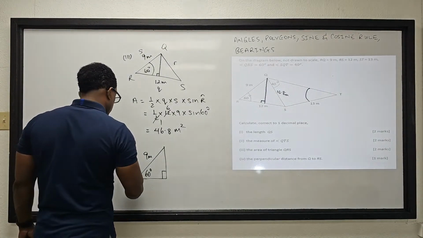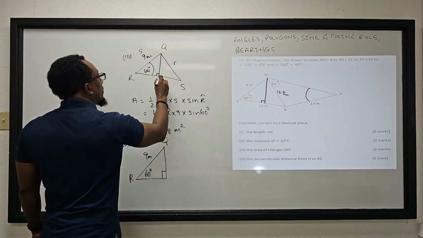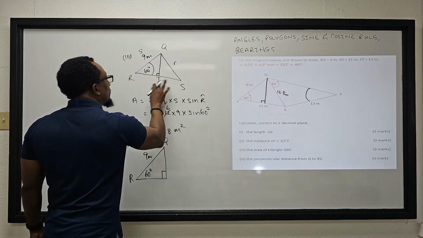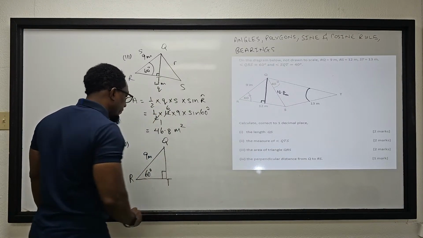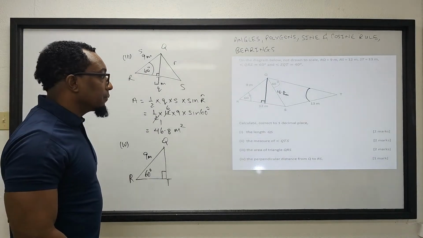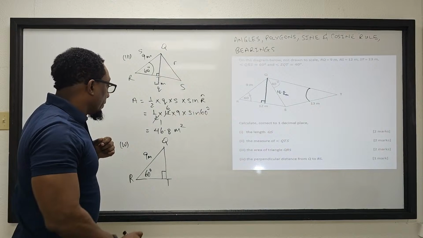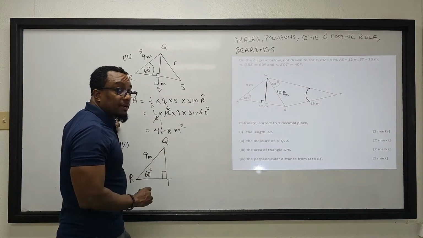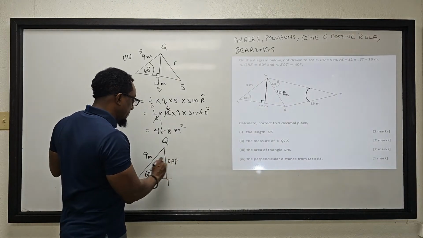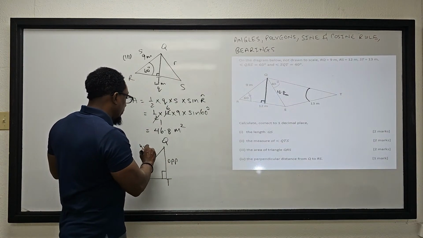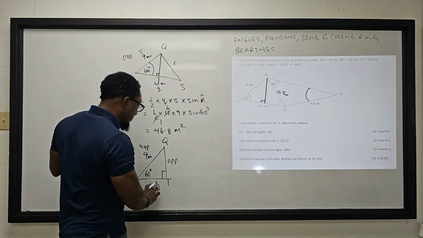This is Q, this is R, and let me call this T. So pulling out that triangle will help me to find this perpendicular distance from Q to RS, which I call QT. Because it's a right angle triangle, I can use trigonometry, sine, cos, tan. This will be the side opposite 60. This is the hypotenuse, the side opposite the right angle. And this is the adjacent side, the remaining side.